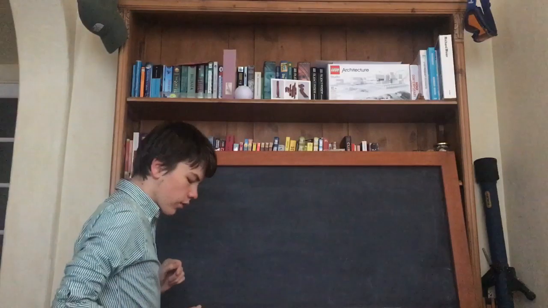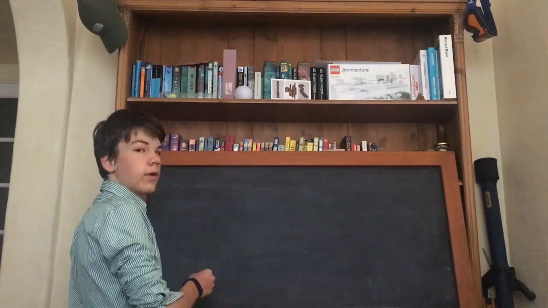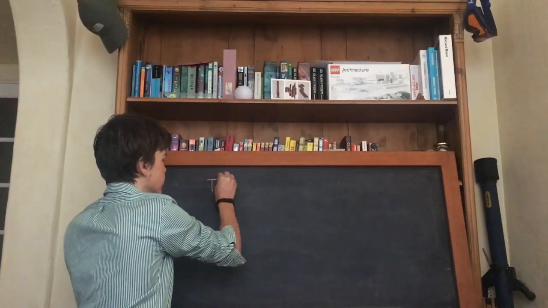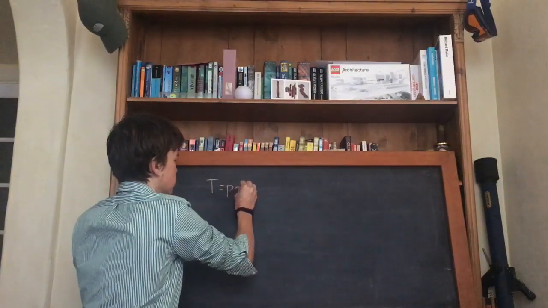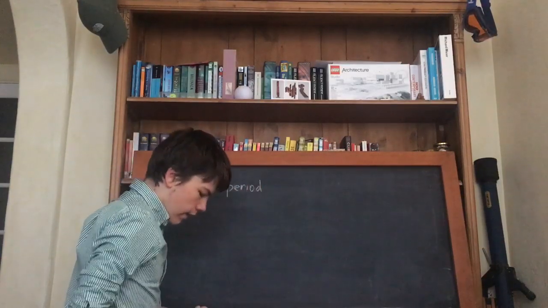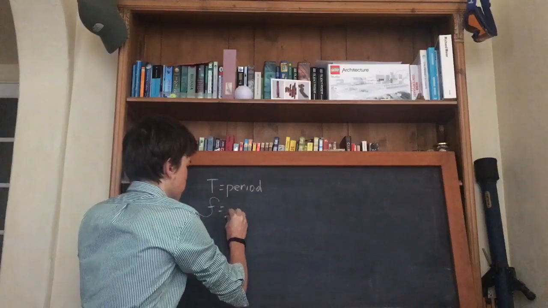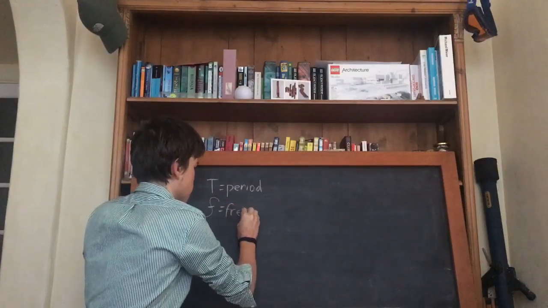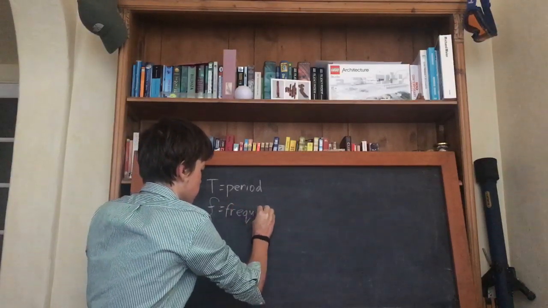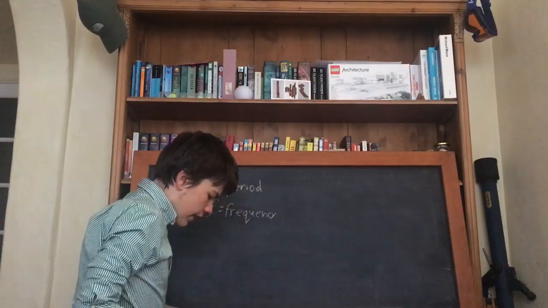We're going to go with some of the parts of simple harmonic motion. So there's a period, which is represented by T. And then we also have frequency, and then angular speed.